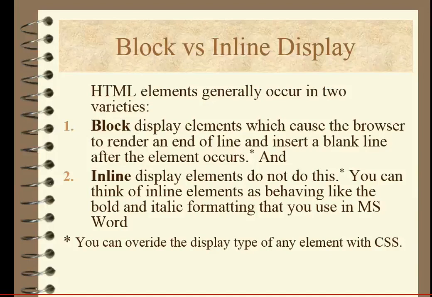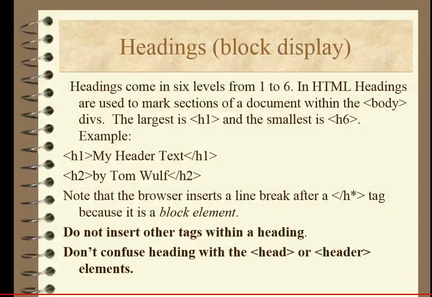The way the browser renders content is kind of like typing in Microsoft Word with word wrap. It'll start laying the content out on the left-hand side, and when it gets to the right-hand margin, it'll wrap around. Inline content does not wrap until it gets to the margin. But if you have a block element, it inserts a new line and goes to the next. So you'll see this as we go, and it'll make more sense.